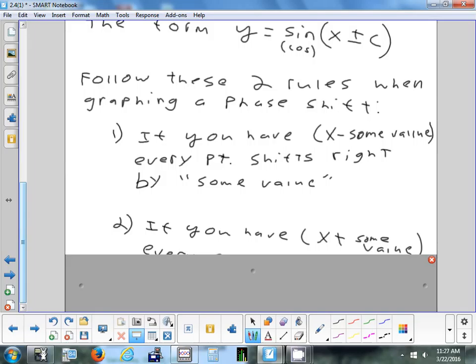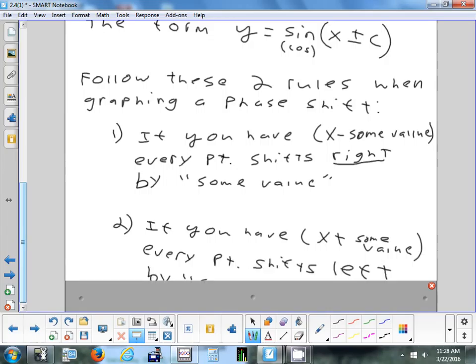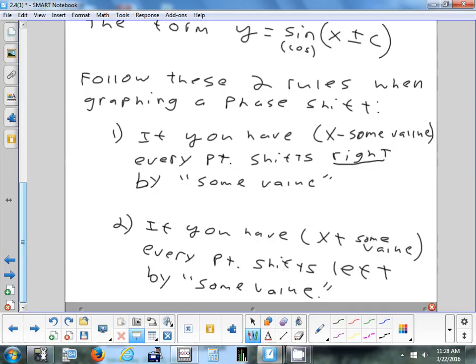To the right? Well, if we do x minus, that's going to shift right. So if we do plus, it's going to shift the other way, which is to the left. You might think, well, why? If you think of your number line, the positive numbers go to the right, the negatives go to the left. It just doesn't work that way with phase shift.